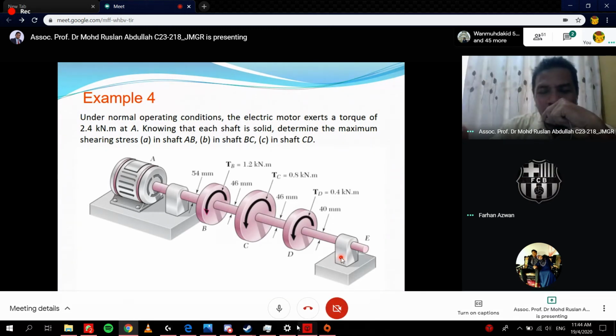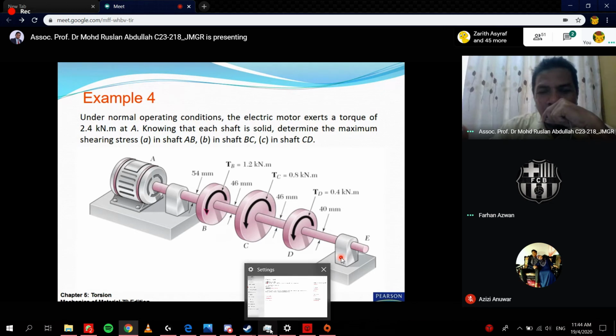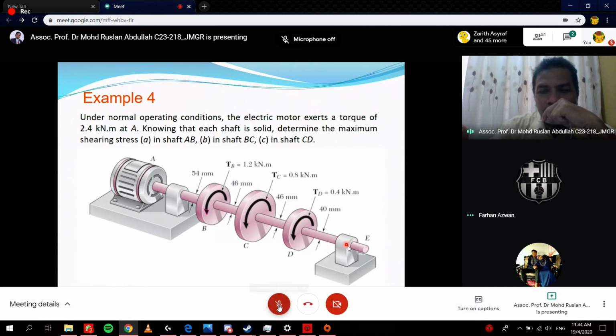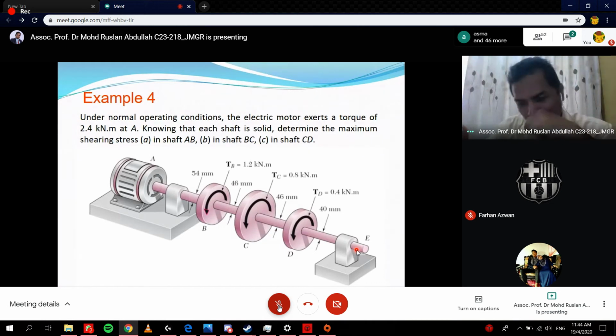Why is the net torque between point D and point E 0? The answer is 0.